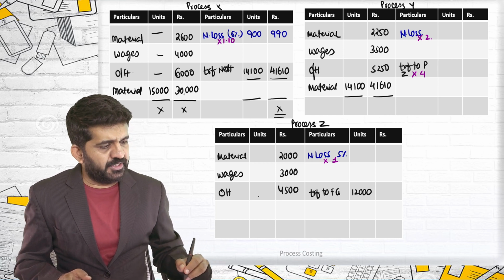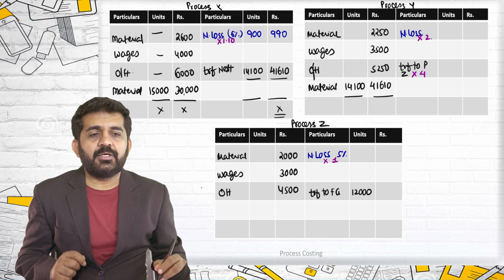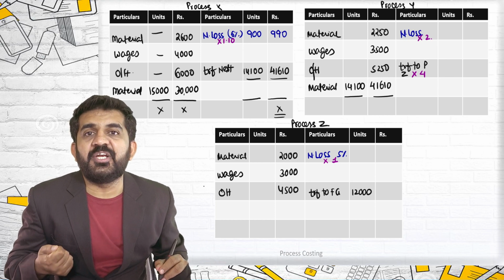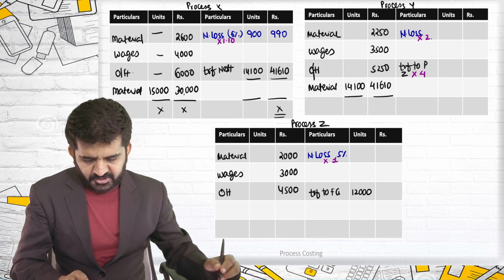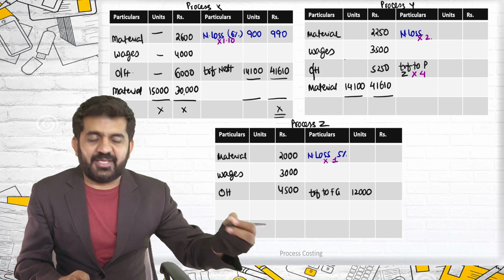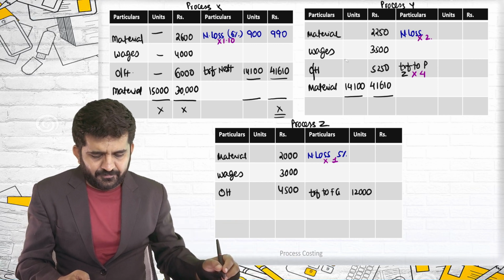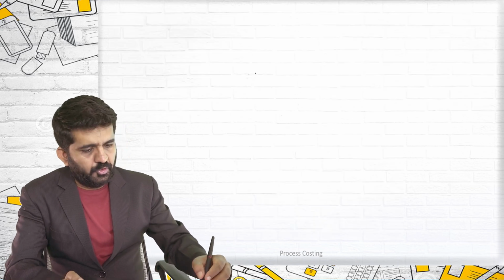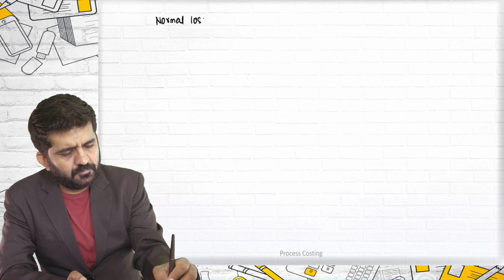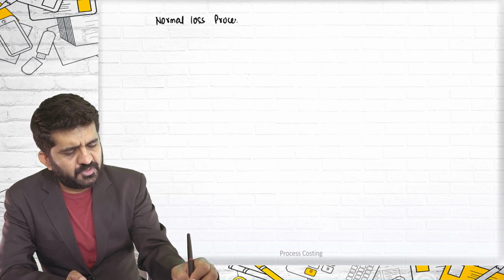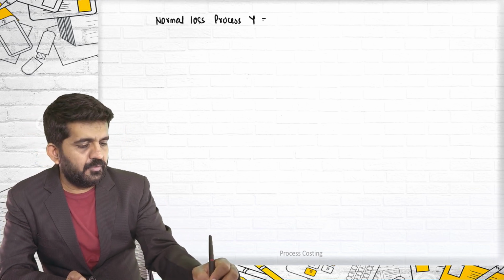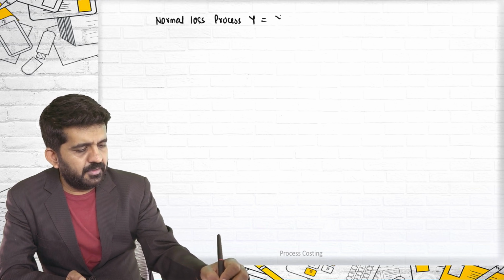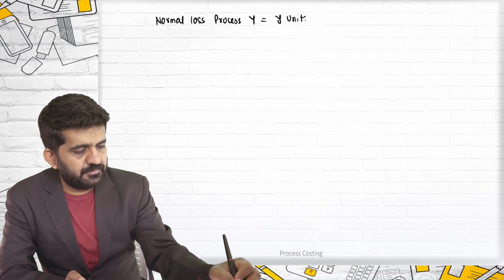What we can do is take the normal loss in process Y as, say, y units.